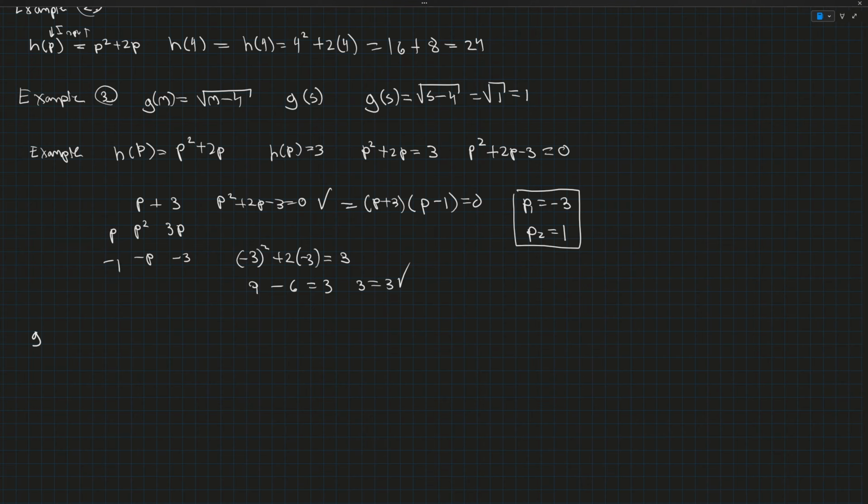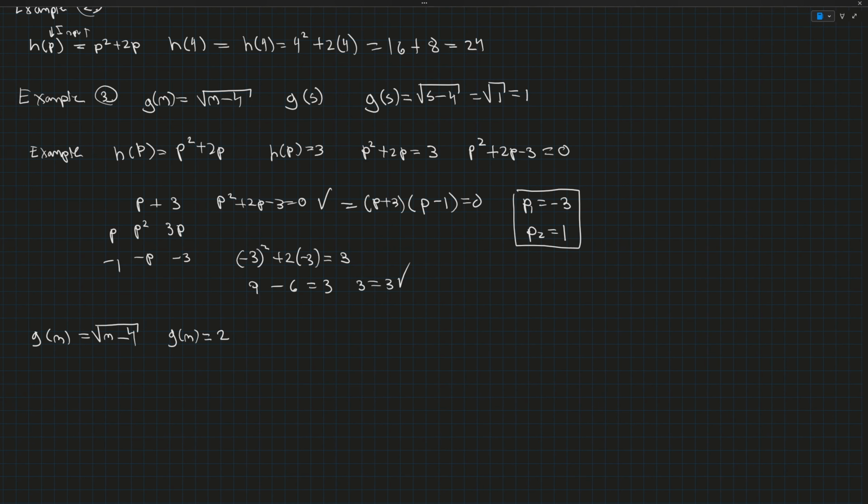Now let's try an example. g of m is equal to 2. Try this one for yourself. Okay, same process.